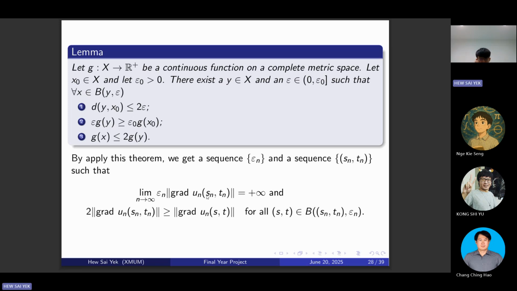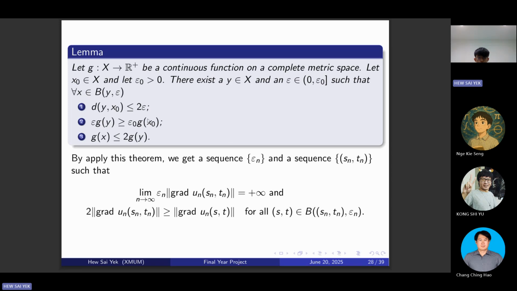For this we want to include a lemma. Since the gradient becomes unbounded, there is a significant concentration of the gradient magnitude, which passes a critical threshold.